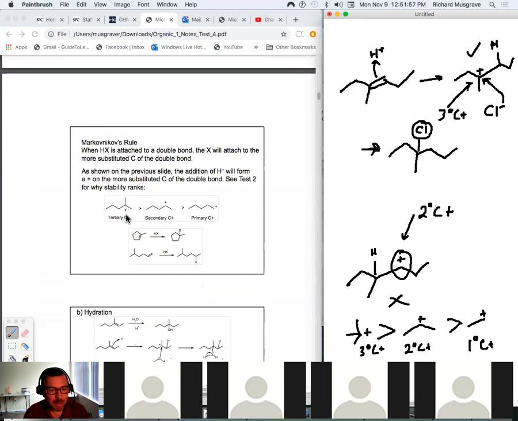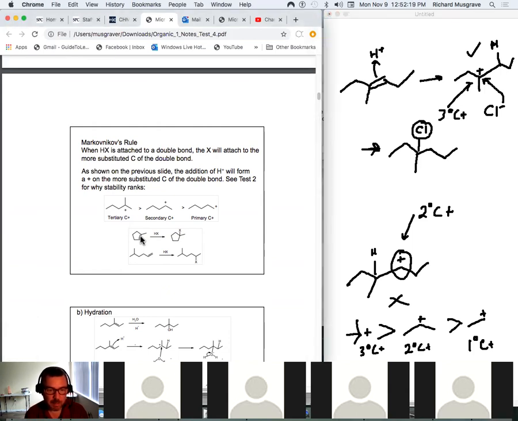Okay. So Markovnikov's rule: when HX is attached to the double bond, the X will attach to the more substituted C of the bond. In other words, the X group of the HX will go on the C that has more Cs on it. An example would be, when you're looking at this slide here, you can see the C double bond.